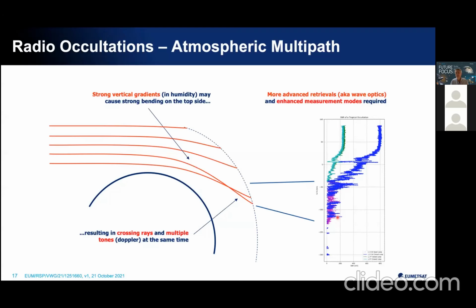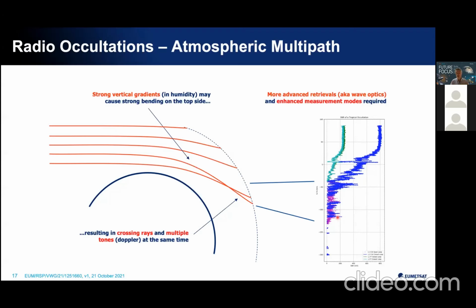And still, it is difficult in the tropics. And the reason for that is, if you remember, I said in the beginning, we have this assumption that we have horizontal homogeneity, no horizontal gradients. If we are in the stratosphere, where the horizontal scales are probably several thousand kilometers maybe, or at least many, many hundreds, then over these 200, 300, 400 kilometers, there is not much horizontal variation in the atmosphere.